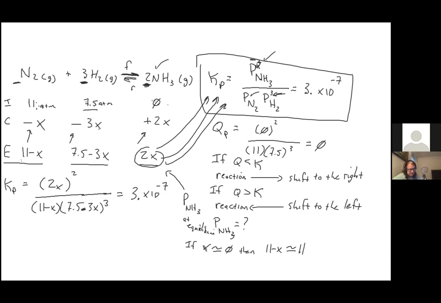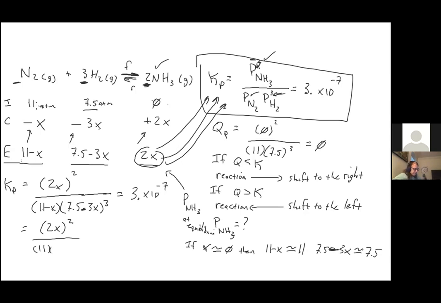So if x is approximately equal to 0, then 7.5 minus 3x is approximately equal to 7.5. And that is going to solve our algebra problem. Because if 11 minus x is approximately equal to 11, I can just substitute 11 there.